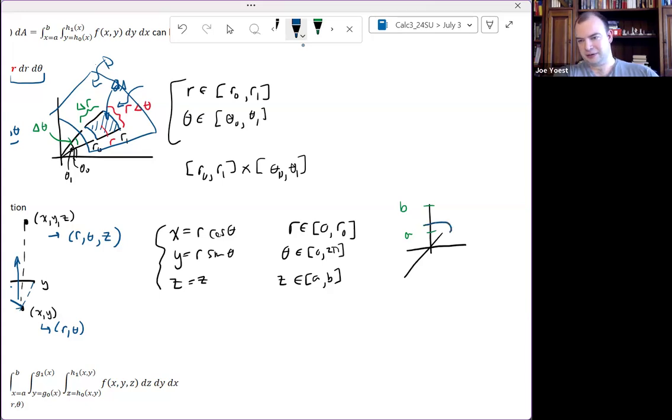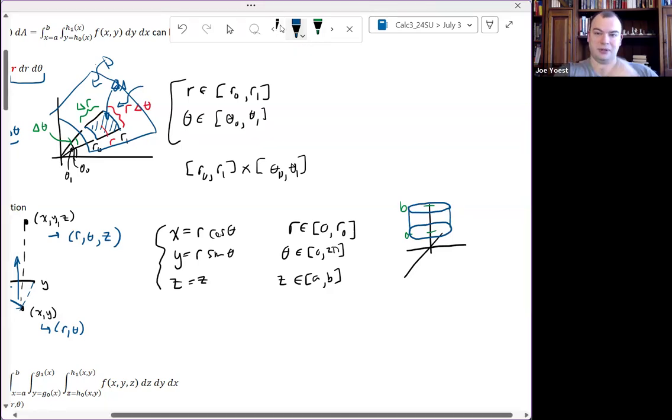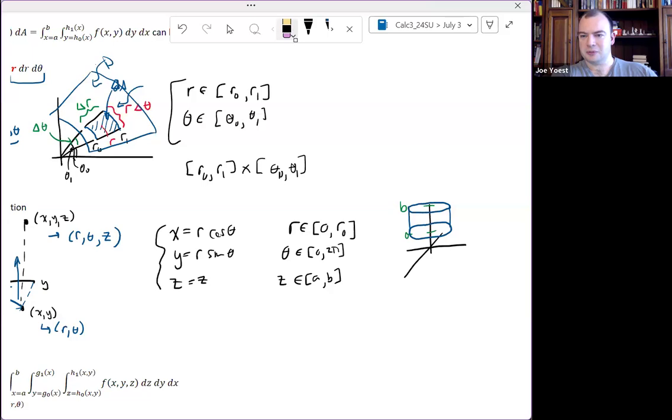So we have just kind of a cylinder that we're dealing with here. And I guess maybe to make the perspective look a little better, I will make that a dotted line in the back there.